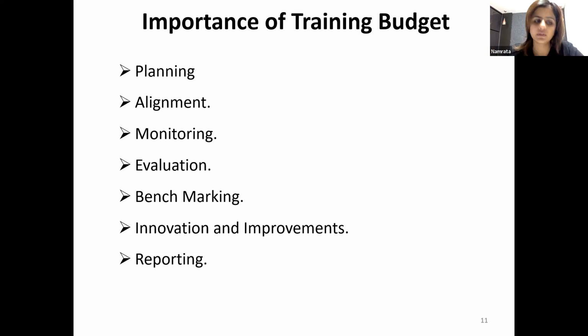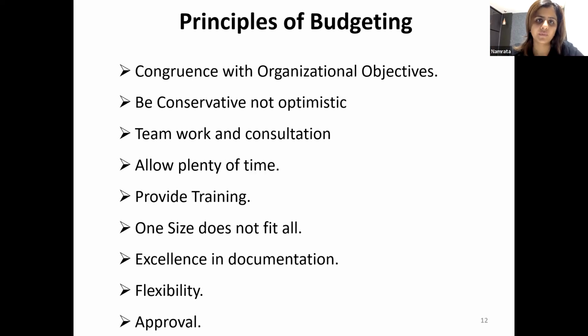Okay. Got it, sir. Now, principles of budget. So, principle of congruence with the organizational objective, in the last line also. Your training is always for achieving the organizational objective.